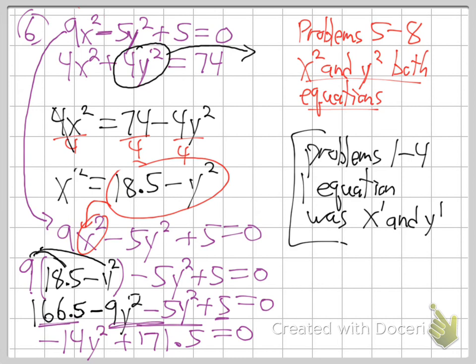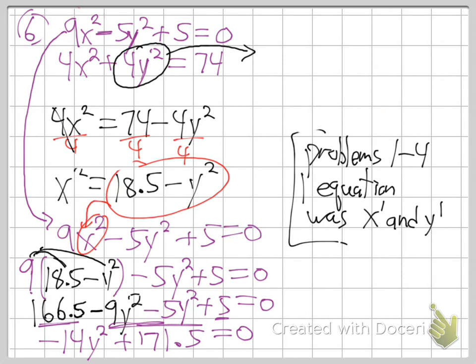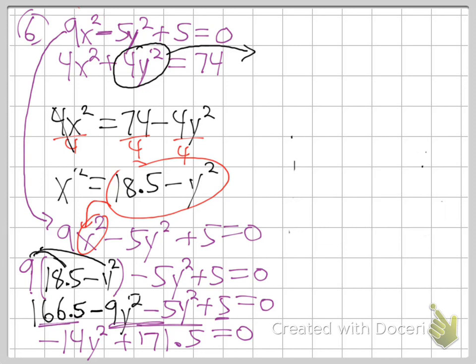So now, if I bring it up here, we're looking at minus 14y squared plus 171.5 equals 0.